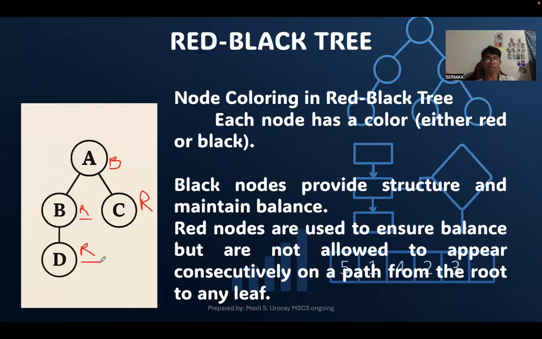So we can perform a specific rotation or a change of color. Just as we did the rotations in the AVL tree, we will also observe those rotations, the single rotation or the double rotation. We'll use those approaches later on as we run through the process.